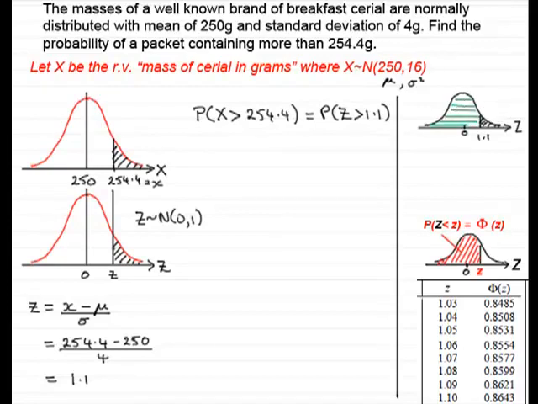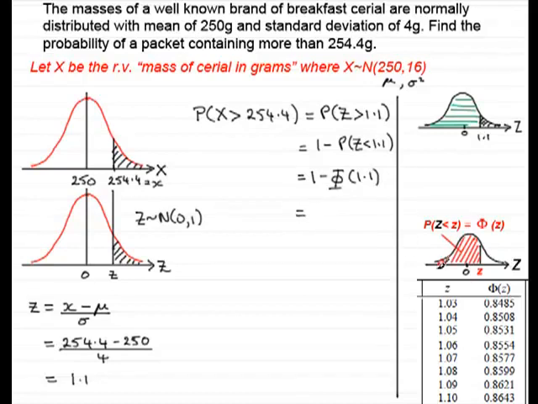So we can get around this problem, knowing that the whole area comes to 1. We can say that this is the same as 1 minus the probability of Z being less than 1.1. Now, Z being less than 1.1 we can write as phi of 1.1. So you could write this as 1 minus phi of 1.1.